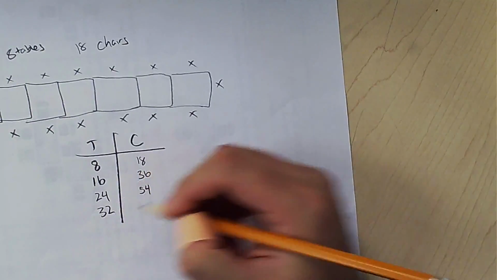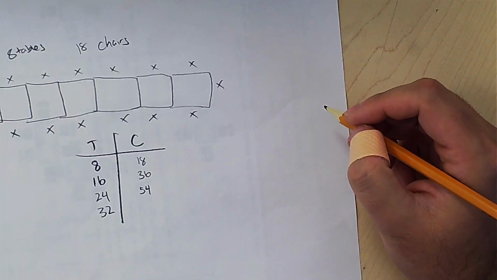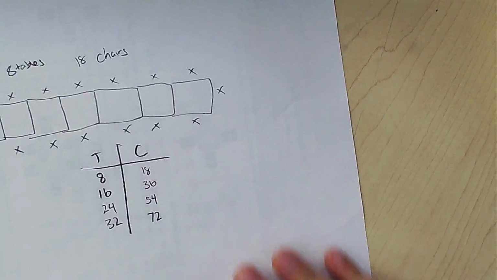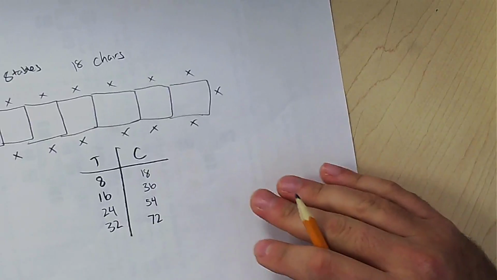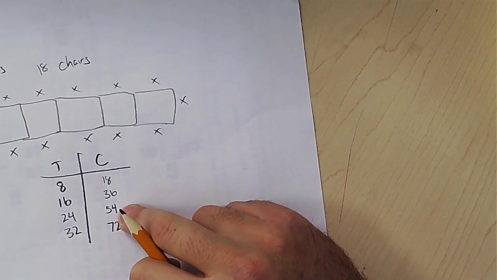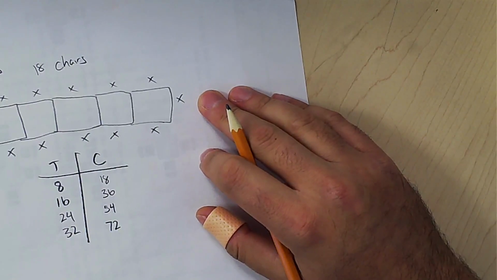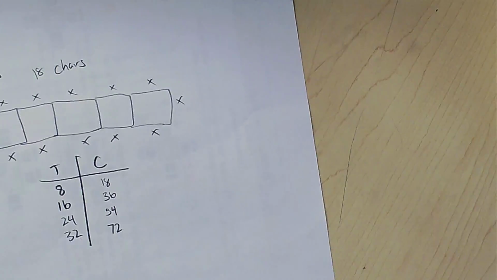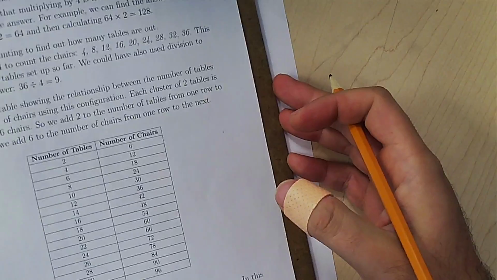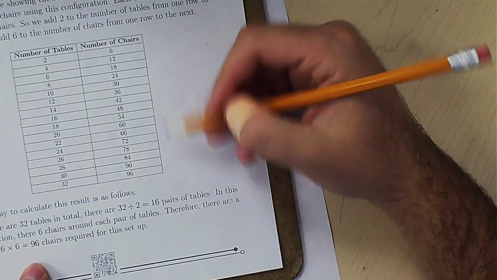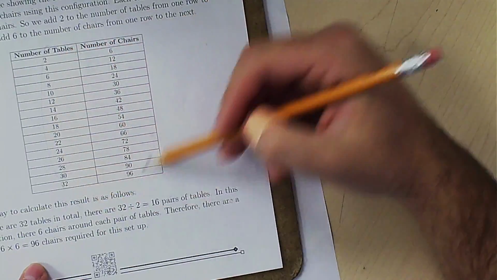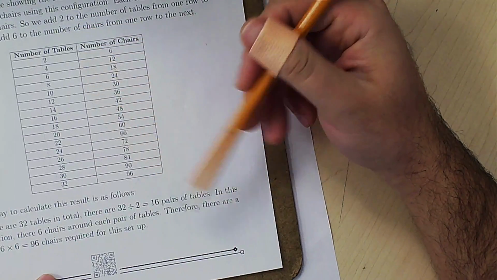And 32 tables means how many chairs? 72. And that is what you would do. So put together a T-chart, because a T-chart's your friend. You could have drawn all this out. You could have made long T-charts like this. But when you find the pattern rule, this guy here is going to help you a lot. Okay?